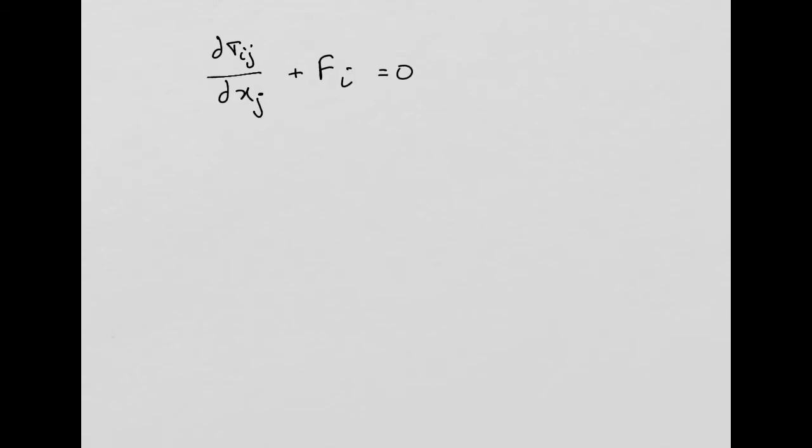So this is our equilibrium equation. Maybe I can zoom a little bit. Remember when we built the weighted residuals in the previous sessions, we said, okay, we have our differential equation.